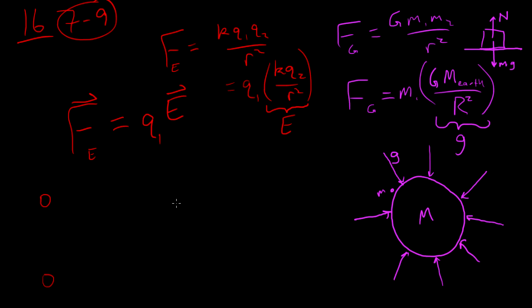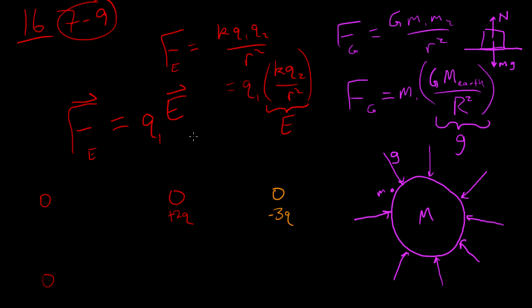When you're drawing, this is the last thing I'll say. Let's say that you've got a plus 2Q charge, and you have another charge that's minus 3Q. You need to make sure that your field lines, I'll draw them in yellow, that you set a key.